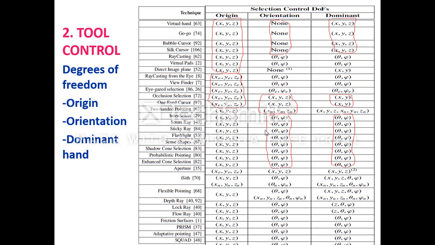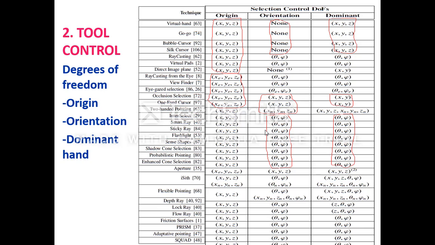So now once we have chosen our selection tool, let's say a ray or a 3D cursor or a combination of both, we then focus on the control given by each 3D selection technique. So we have degrees of freedom. A degree of freedom is a term used for movement, like how much can you move? Is it two-dimensional or three-dimensional movement, and do you have rotation, orientation, such as yaw, pitch and roll?